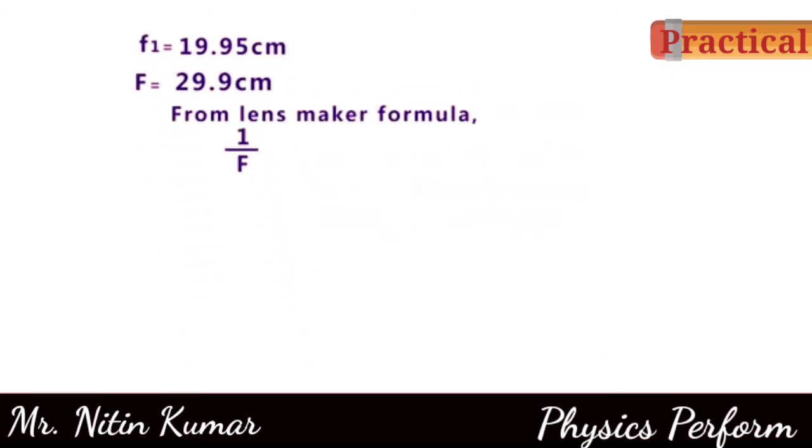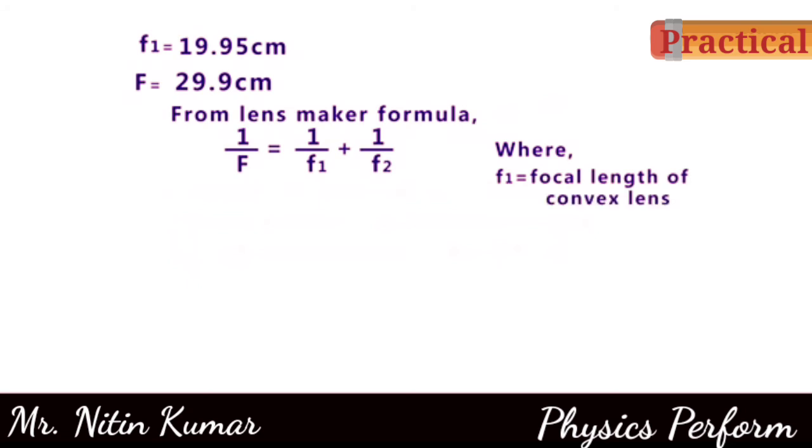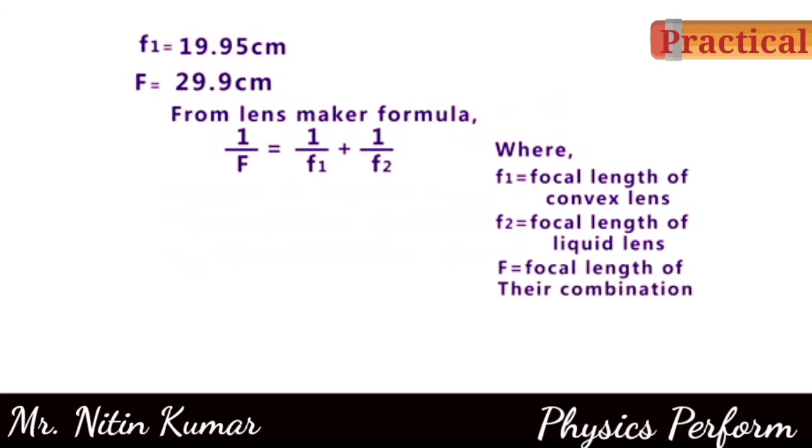From lens maker's formula, 1 by f is equal to 1 by f1 plus 1 by f2. Here, f1 is equal to focal length of the convex lens, f2 is equal to focal length of the liquid lens, f is equal to focal length of their combination. Therefore, 1 by f2 is equal to 1 by f minus 1 by f1.